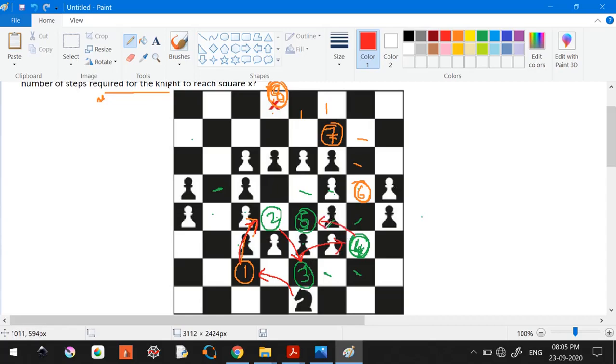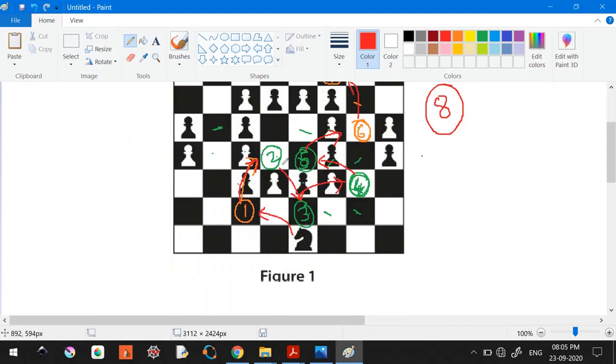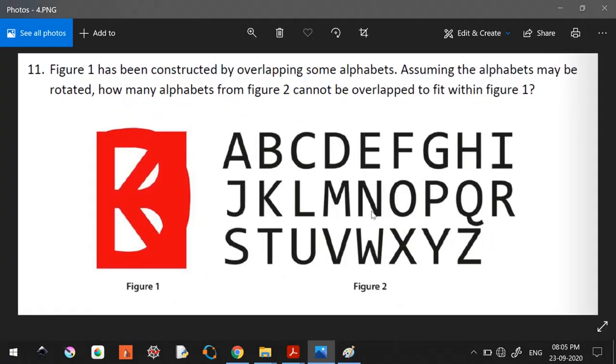I come back here, 5, and the 6th step, 7th, and finally 8. So I think this is the best possible number of steps, which is 8, right? I hope you got this. It's clear right now. I have just tried all possible ways. In case you don't have to try this, you can visually think and come up with an answer, right?